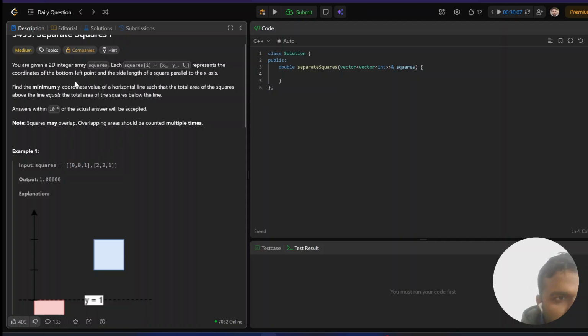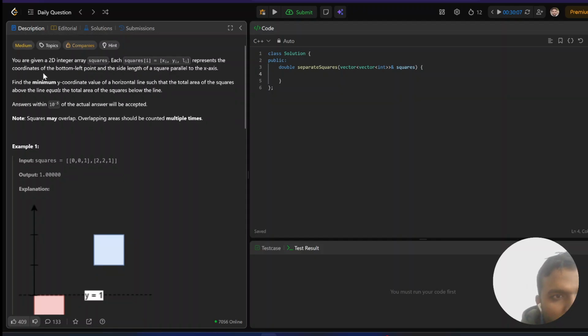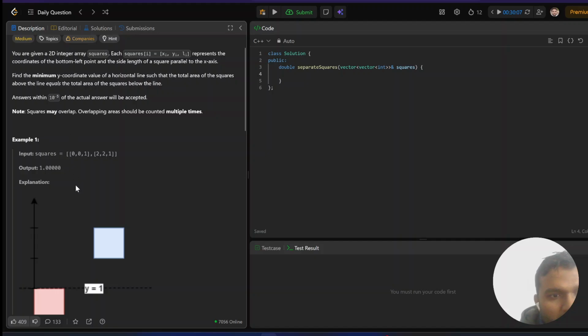These points represent the coordinates of the bottom left point and the side length of a square, parallel to the x-axis. That means we are given this length. Okay, now I can understand.